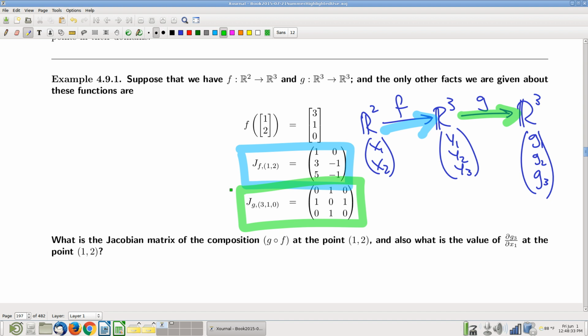Let's talk about the specific points that we're interested in. This says that 1, 2, that's an x1 and an x2. That's an input to the function f, you notice. So that's in the R2, sort of on the left. The output, 3, 1, 0, is over here.